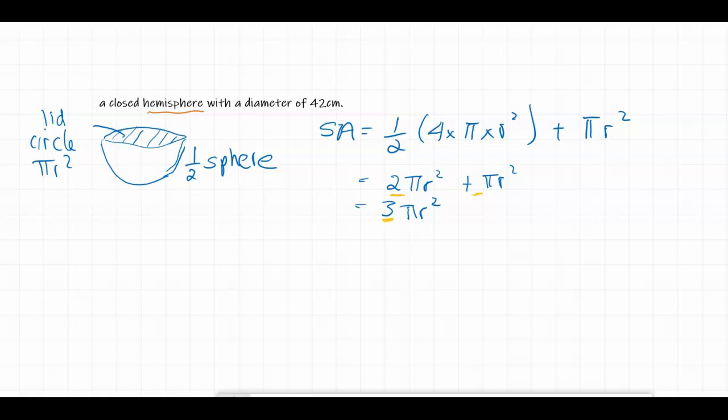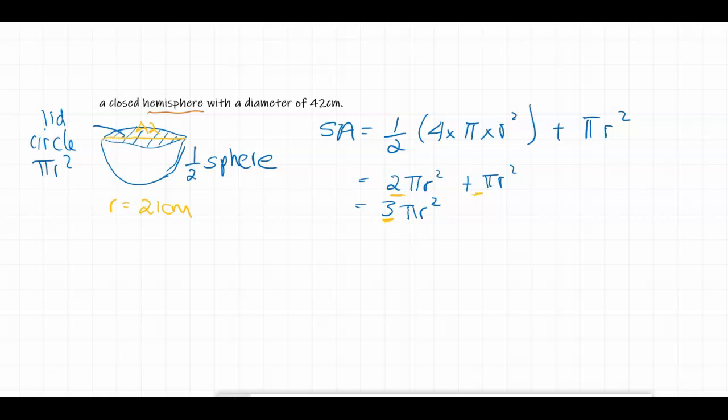Okay, so now I'm going to substitute in the value for the radius. Here they said it had a diameter of 42. So the radius would be half of that, which would be 21 centimeters.